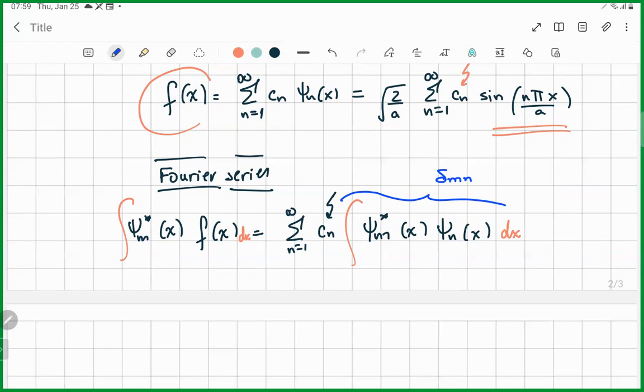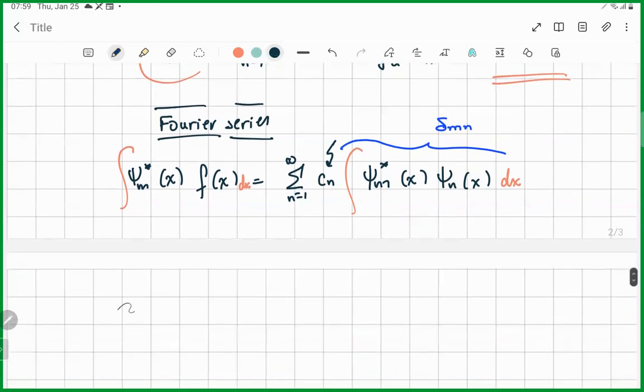So this is very nice because we just solved the integral. Okay, so what do we have now? We found that that whole integral is gone. I have Cn delta mn.